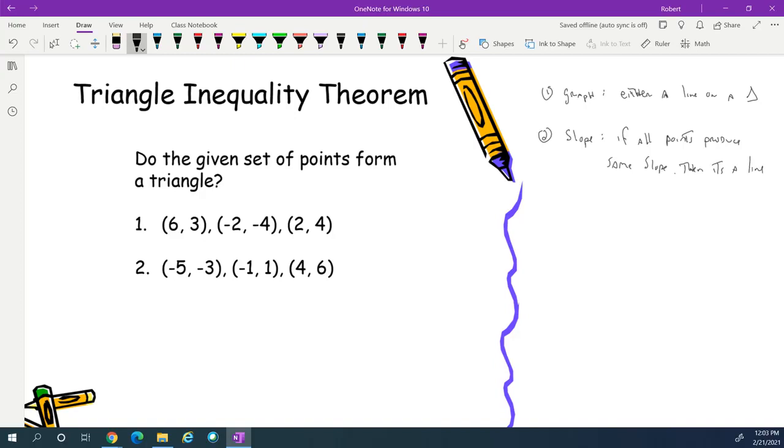So, for example, if this was point A, B, and C, we would do the slope of AB, slope of AC, slope of BC. If they're all the same, then it's a line.